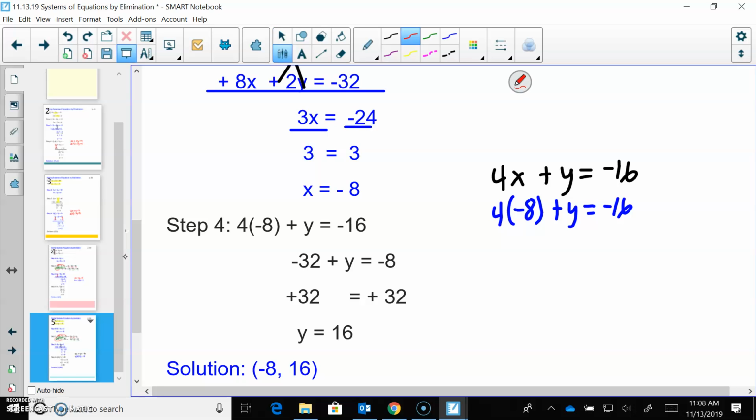This should actually say -16 right here. Okay? So then I add 32 to both sides. When I do that, -16 plus 32 gave me that 16. When I write the solution, the x comes first, which is -8, and then the y, like I said, the ordered pair comes second, which is 16. So your x is -8 and your y is 16.